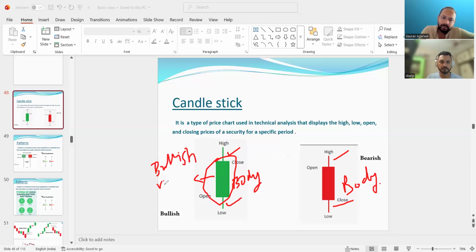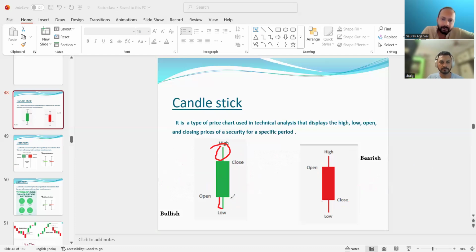There was a lot of volume in the stock; somebody might have purchased it. Same thing in a bearish candle. If the body is very big or very red, then we think there are some sellers in the market. That is how we differentiate between a bullish and a bearish candle. And these are the upper wicks and lower wicks here.